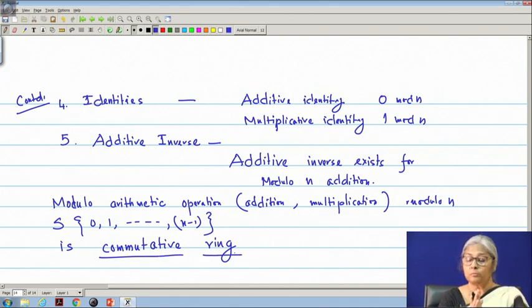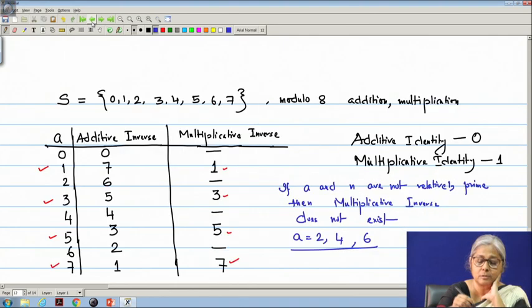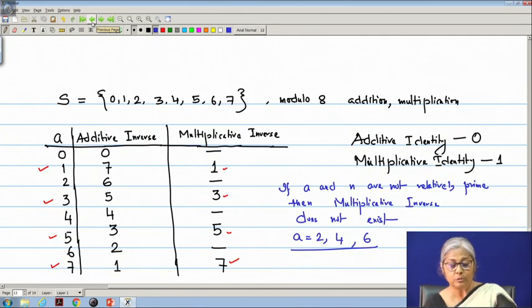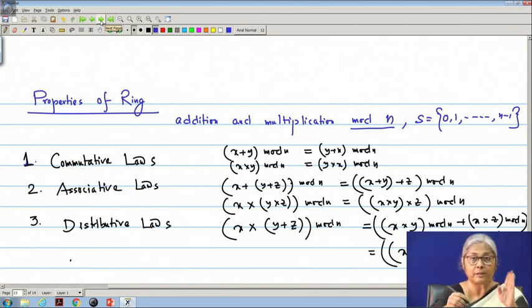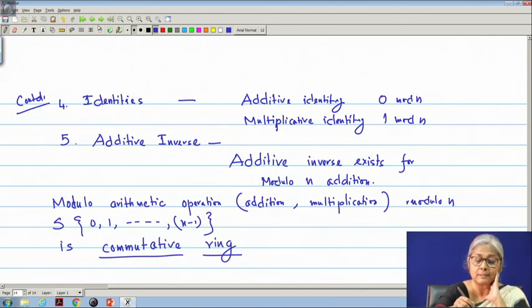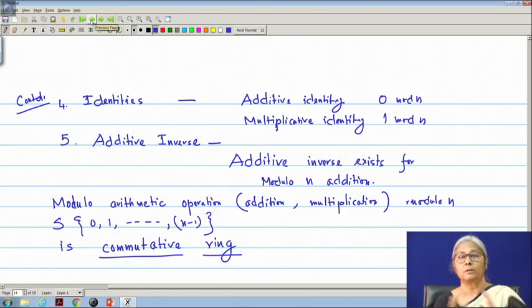But what we have seen, the multiplicative inverse we cannot tell that for all the elements, only those elements which are relatively prime, their inverse exists. But if they are not relatively prime, that means a common factor exists between a and n, then no multiplicative inverse exists. And when we consider this particular property, it becomes a new algebraic system called the field.